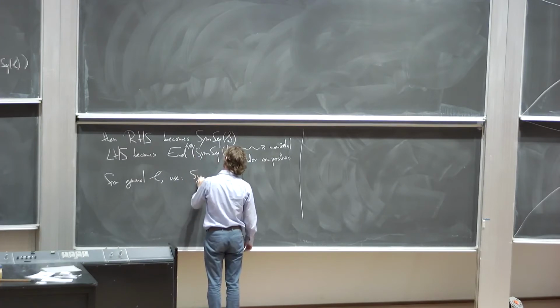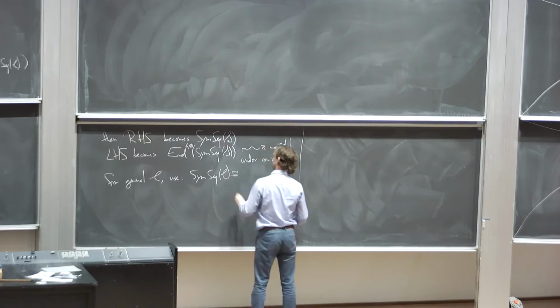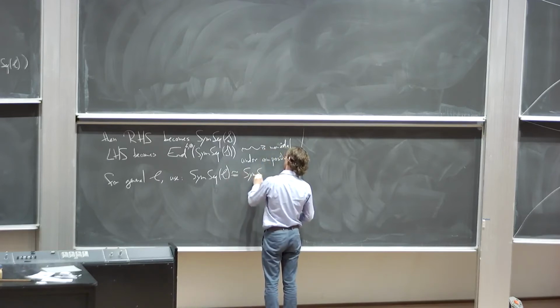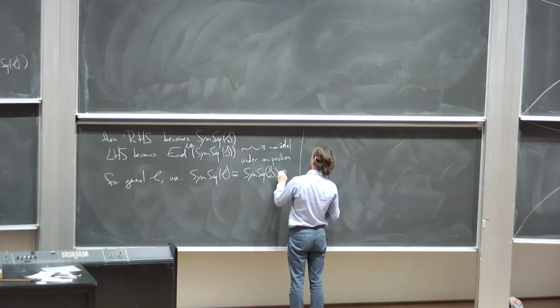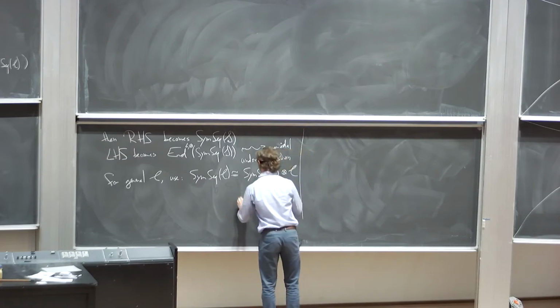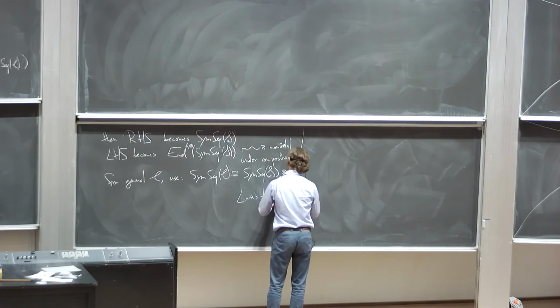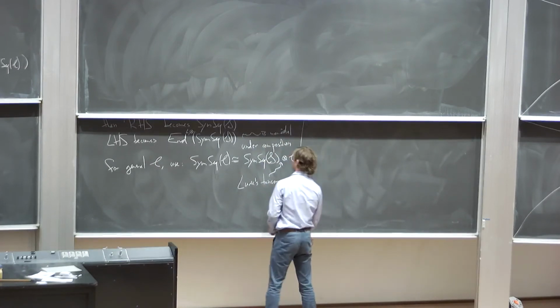But symmetric sequences in C is the same as the tensor product, well, of presentable infinity categories, symmetric sequences in S and C. So this is like Lurie's tensor product on presentable infinity categories.